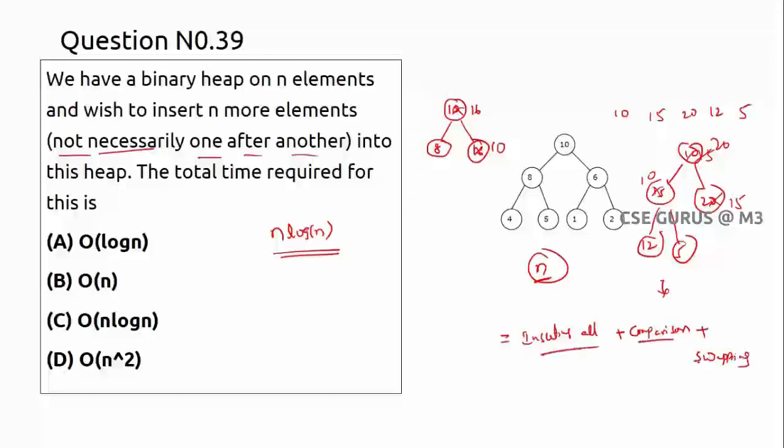Three things are important if I go like this. Inserting all, which takes big O of n in the worst case. Comparisons, let us suppose I have to compare all, yes, big O of n. Let us suppose all are to be swapped, big O of n. Finally, the complexity is big O of n. So like this we need to check it out.